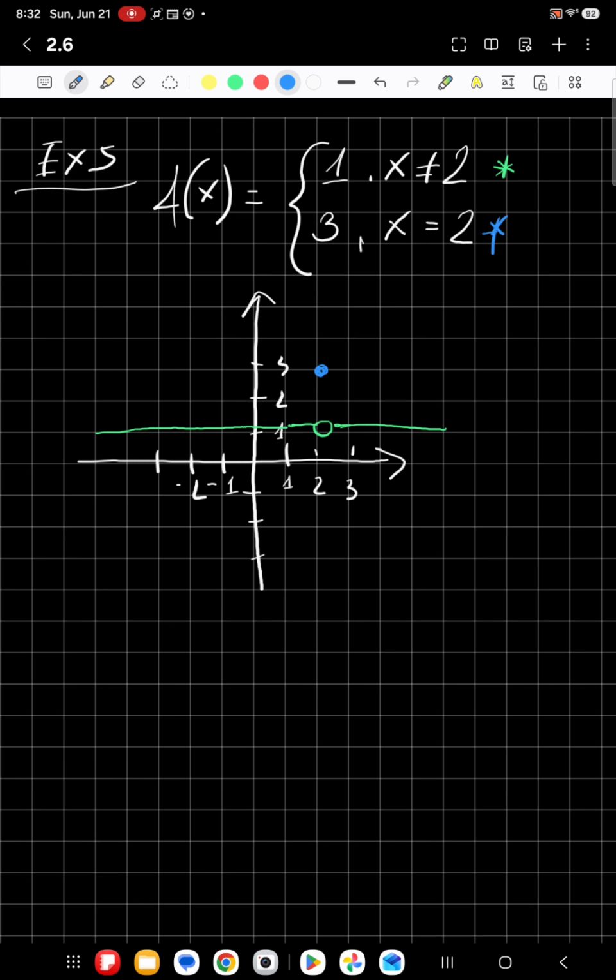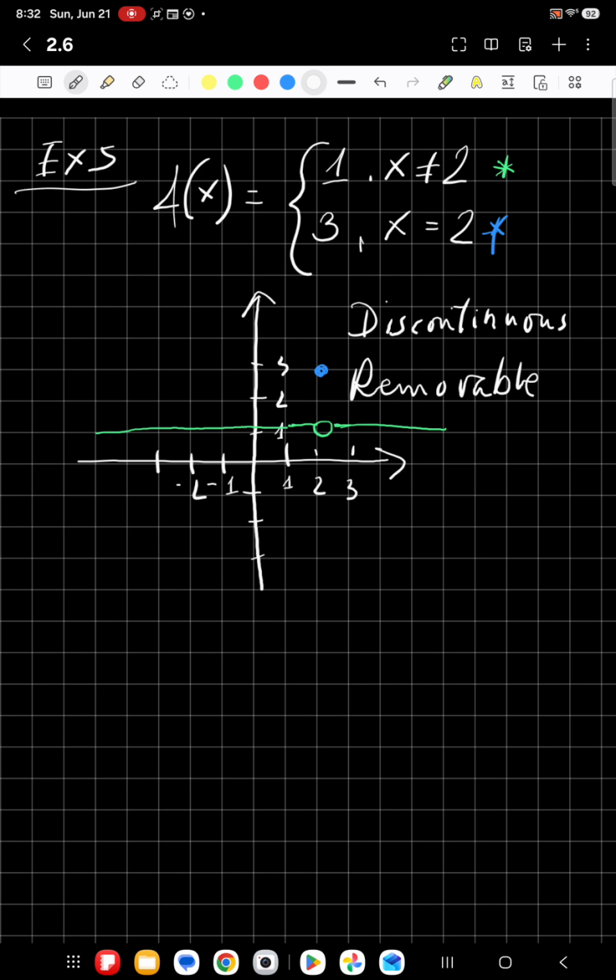Okay, so obviously the function is not continuous. So discontinuous. There's a break, right? Yeah, and the question is, well, is it removable or not? Well, it's removable. That discontinuity is removable.